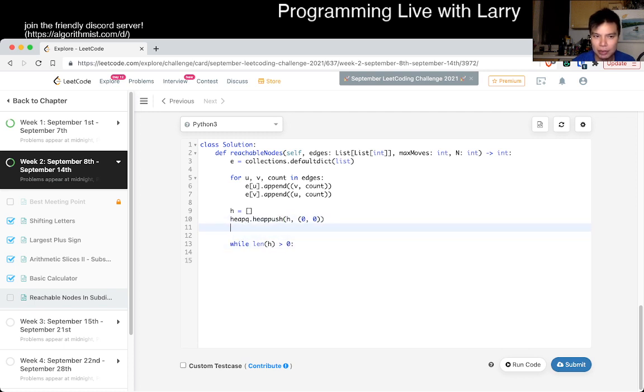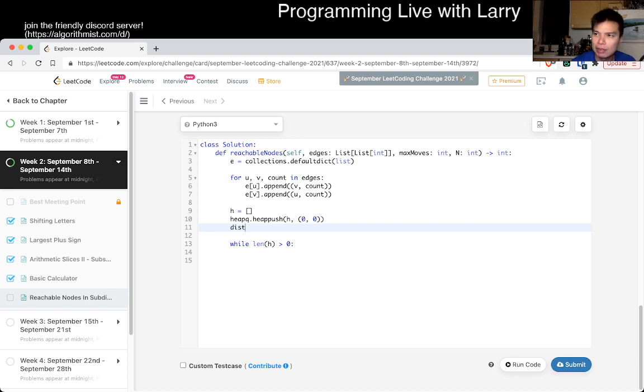Of course, we have to do shortest path. Yeah, okay, because then that gauges how far we can reach out from here.